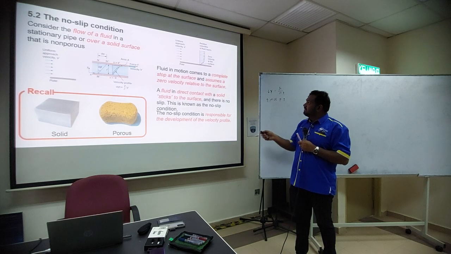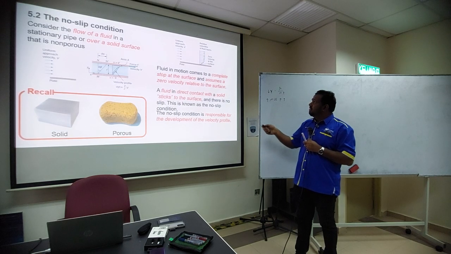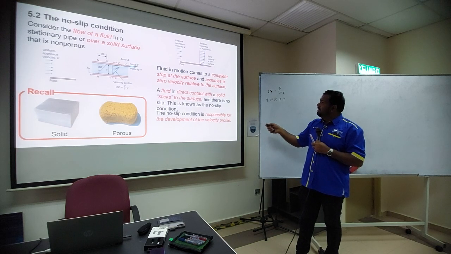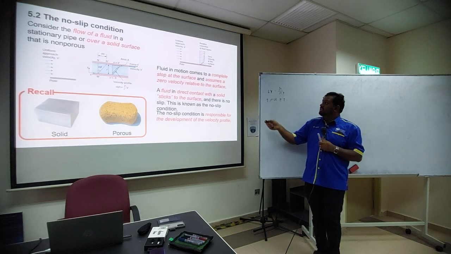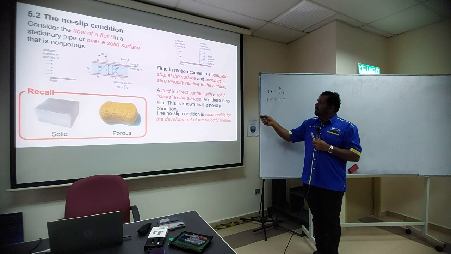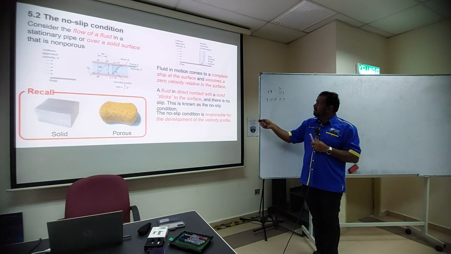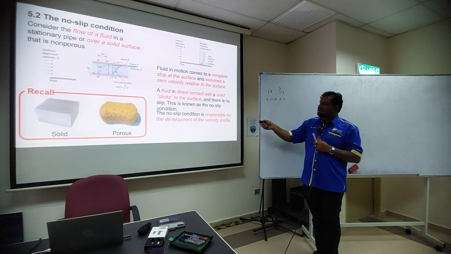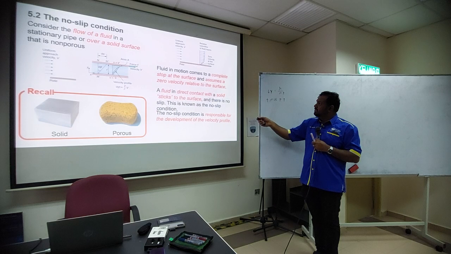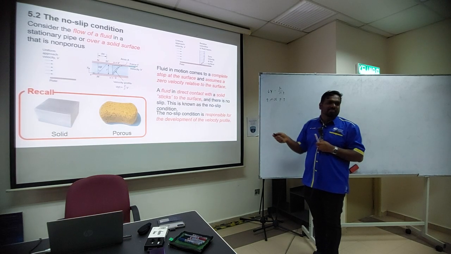Let's say you have a uniform approach velocity. After some time, when you reach the plate, you can see it will be like this. On top, which is not attached to the plate, the fluid will be moving freely, and the part attached to the plate, the velocity will reduce because of friction.